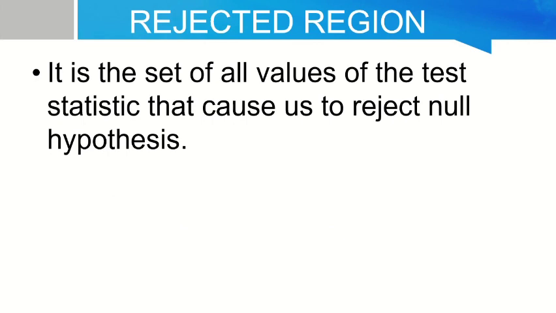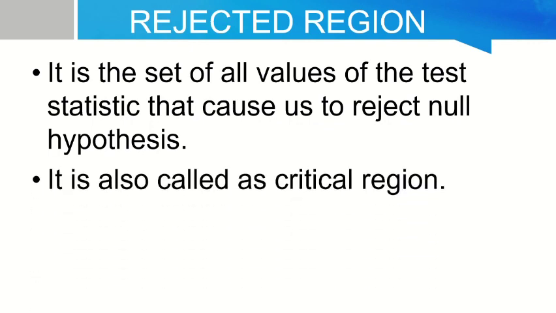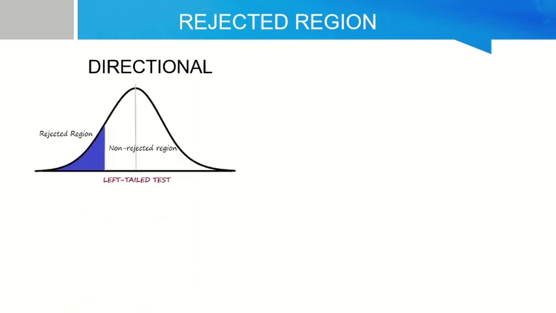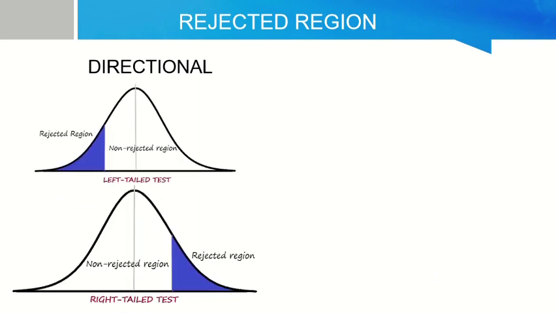Now, rejection region. It is the set of all values of the test statistic that cause us to reject the null hypothesis. It's also called the critical region. In the next slide are the graphs to remember the rejection region. Kapag directional, kung left tail test, yung nakikita yung shade, that is the rejection region.